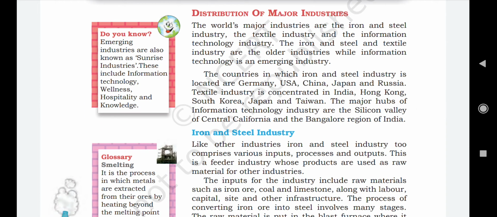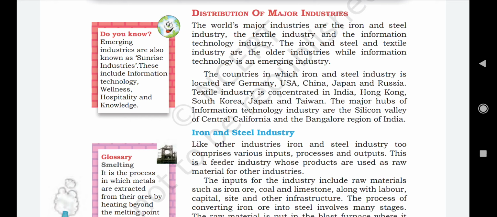Now, distribution of major industries. The world's major industries are the iron and steel industries, the textile industries, and the information technology industries. The iron and steel and textile industries are older industries, while information technology is an emerging industry.